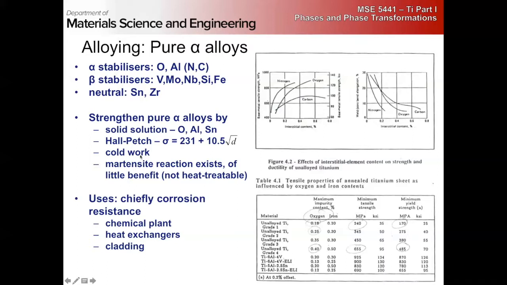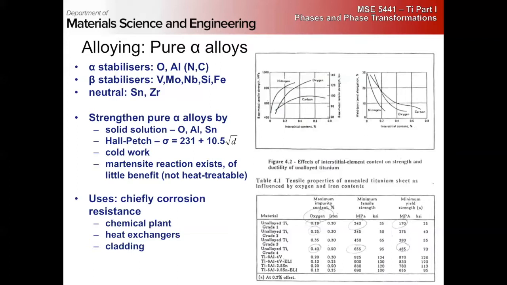Remember, you get a coherent titanium oxide passivating film, right? And so pure alpha alloys are used a lot for chemistry, heat exchangers, and cladding type applications, right?